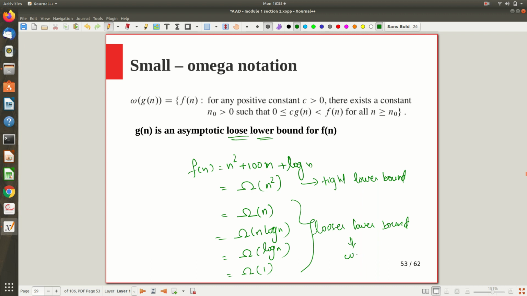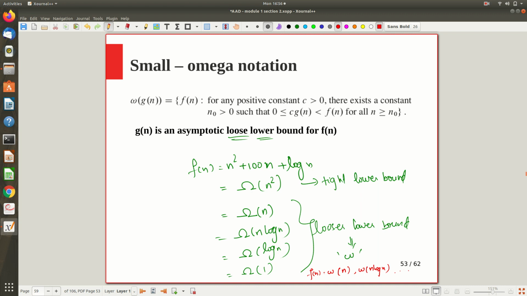So small omega is specifically for looser lower bounds. That means you can write this f of n as small omega of n, small omega of n log n, like that. All looser values you can write.